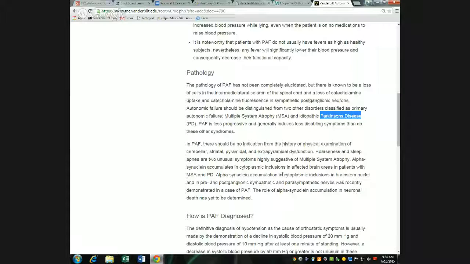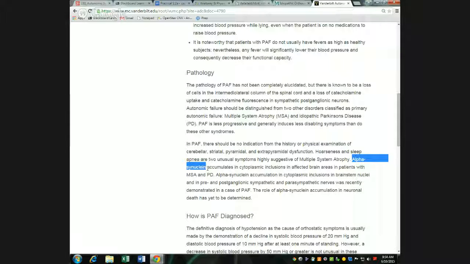They all kind of work the same way. We don't know what actually causes any of them, but they all have the same basic problem, which is this toxic molecule called alpha-synuclein is killing neurons.